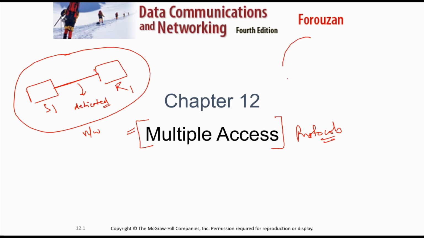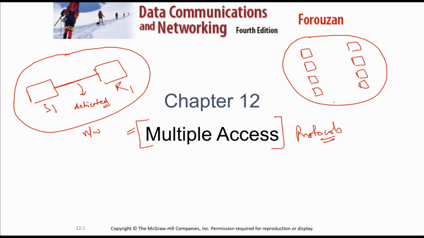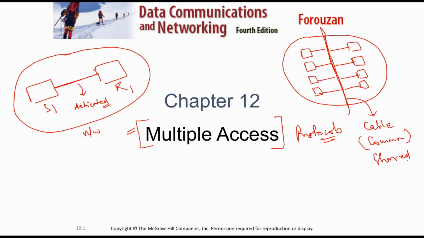But suppose a network has a large number of stations or users. If a single cable connects everyone, it is like a bus type of structure in the network. This is the single cable, a common cable, or we can call it shared.